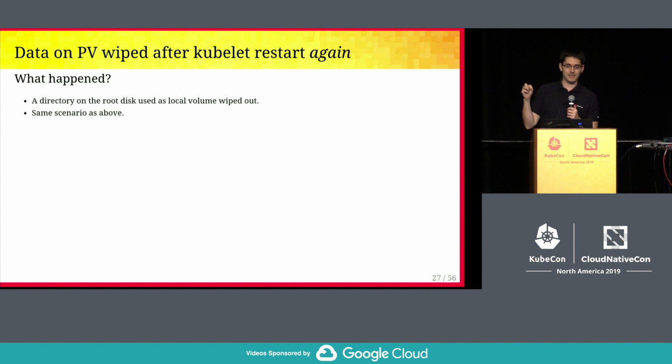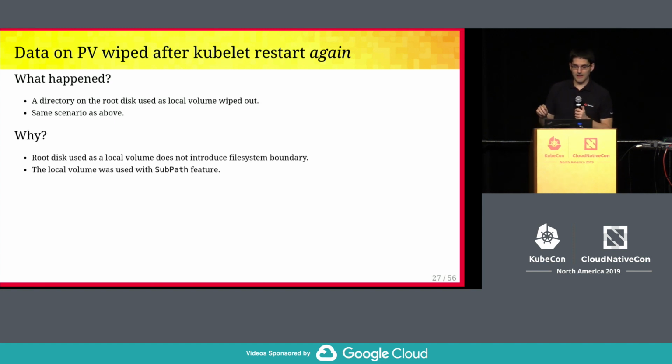But this time, somebody used a root disk as a persistent volume in Kubernetes. And the safety check we use to never cross a file system boundary can't work because this root disk doesn't present a file system boundary. It's still the same root disk as we use for cache data in Kubelet.